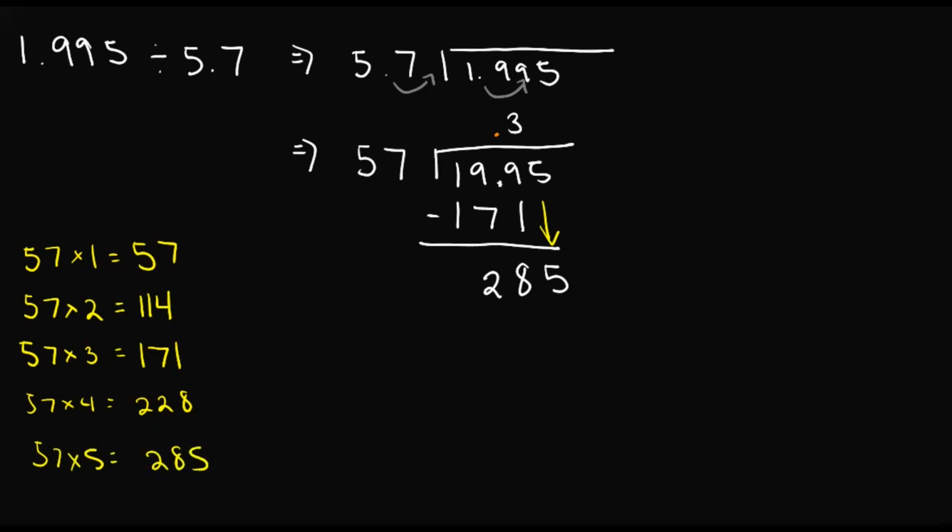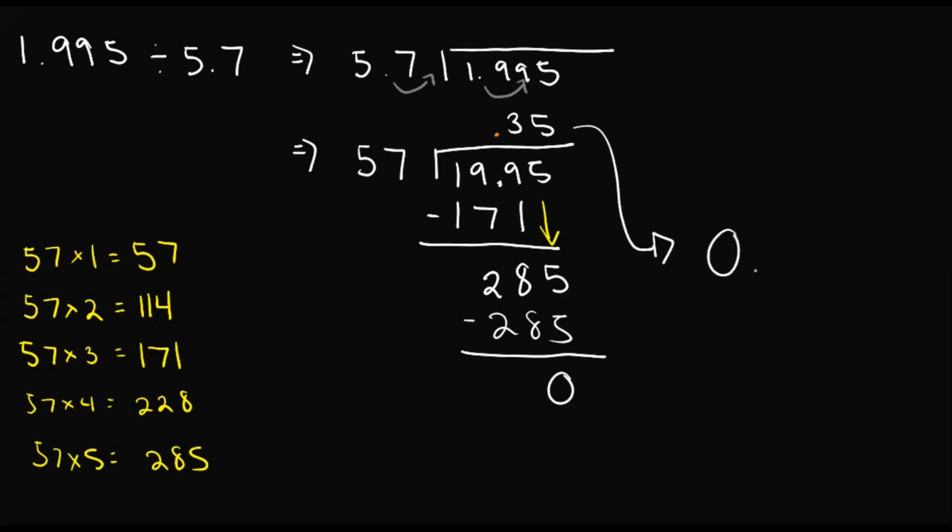Note that you can feel free to verify these values with your calculator. And so we have 5 out here. So this one will become 285. Subtracting them will give us 0. And so our final answer is 0.35.